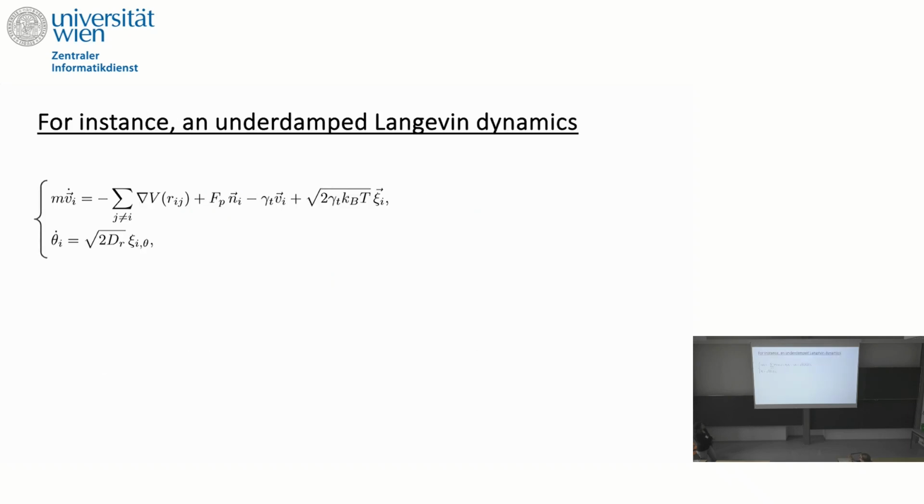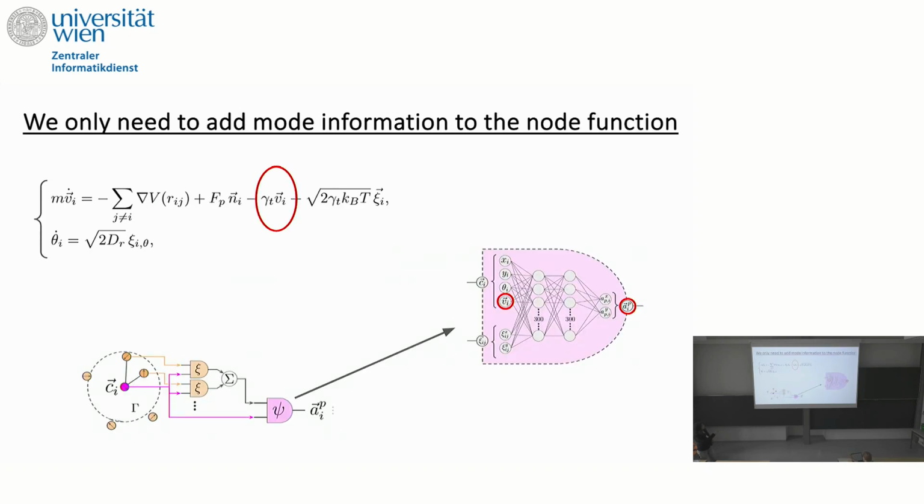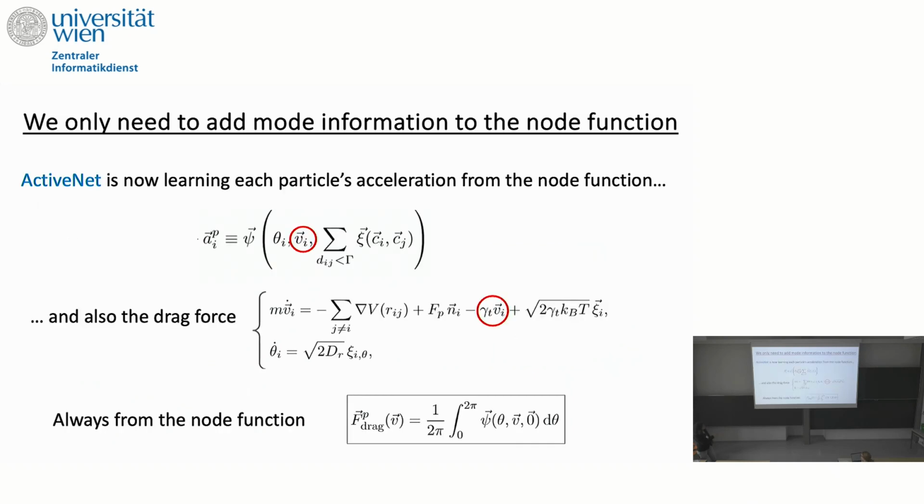And if the dynamics is not Brownian, we consider, for instance, the example of an underdamped Langevin dynamics, where now we have inertia, and we also have the dissipative force. So, again, this time we need to add more information to the node function, meaning the node function also needs to know the velocities, because the node function is going to learn acceleration. And by minimizing the loss function of the acceleration, we can also compute the drag force.